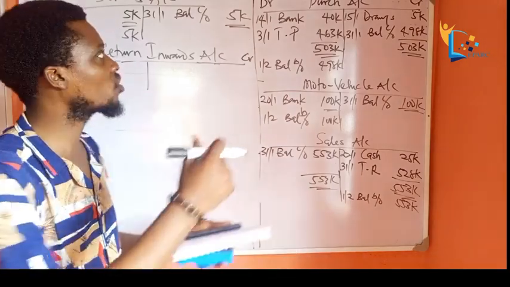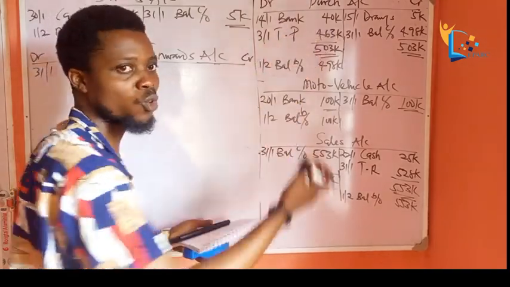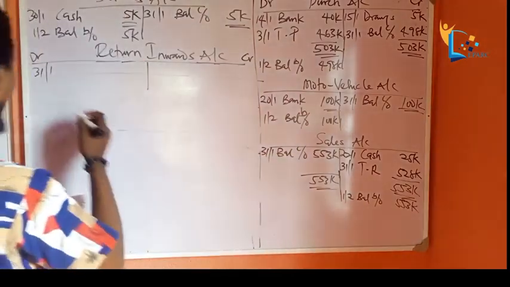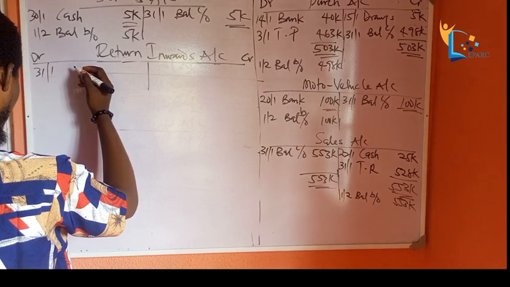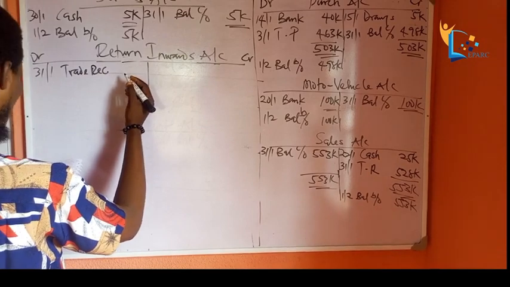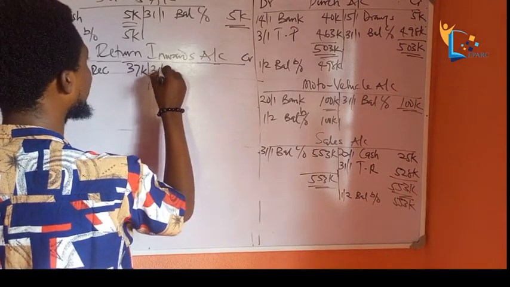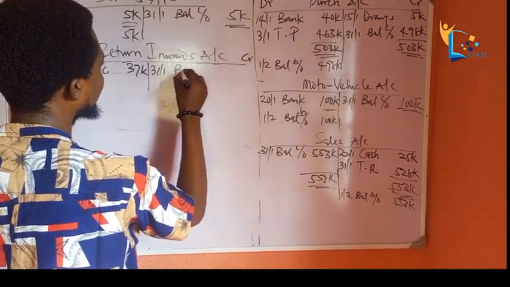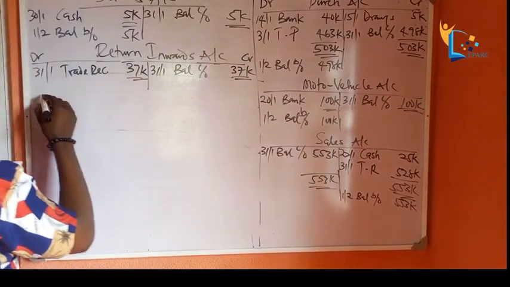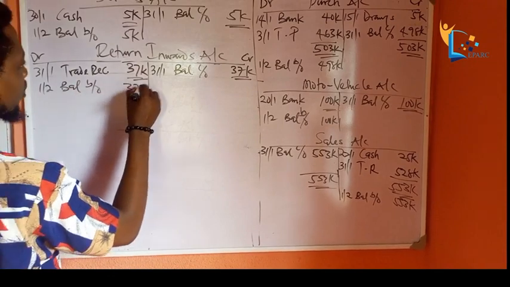So we are moving the total from return inwards book to return inwards account, just like we moved the total from purchase day book to purchase account. So we have 31st, trade receivable 37K. Then 31st of January, balance carried down, which is 37K. So we have 1st of February, balance brought down, 37K.